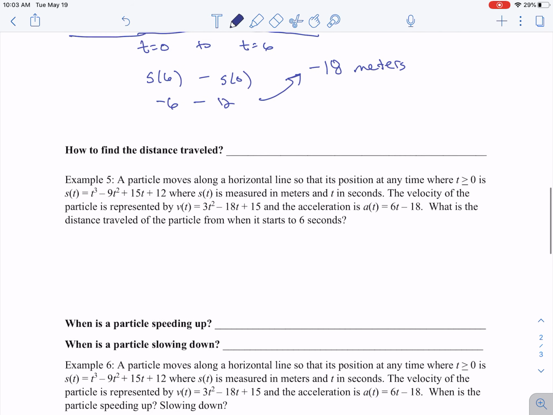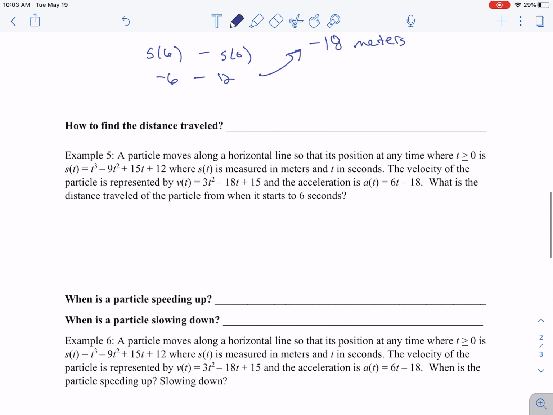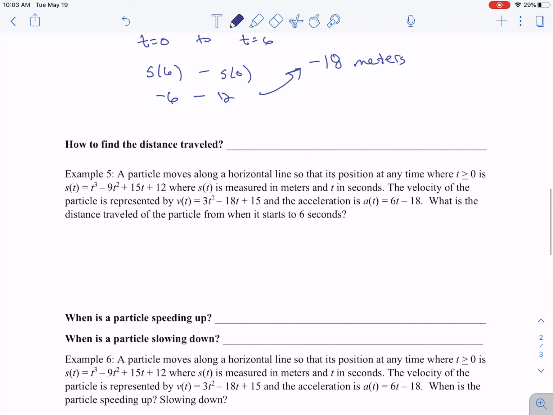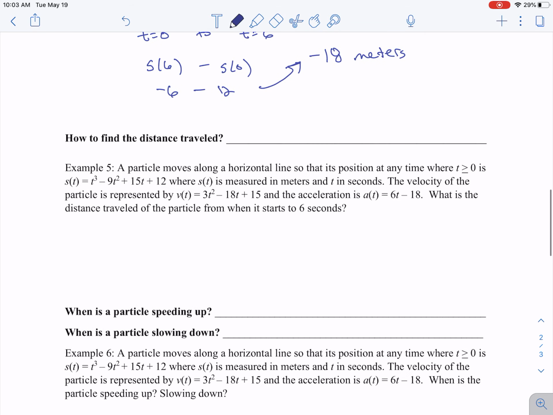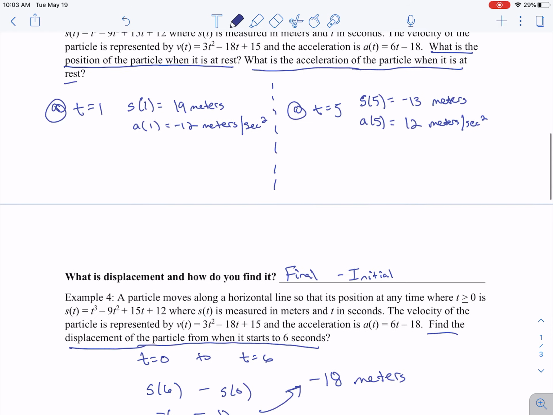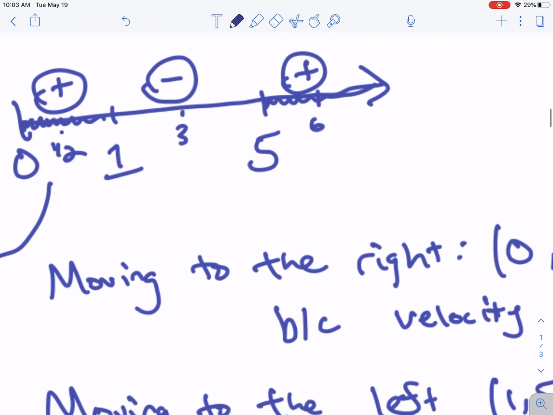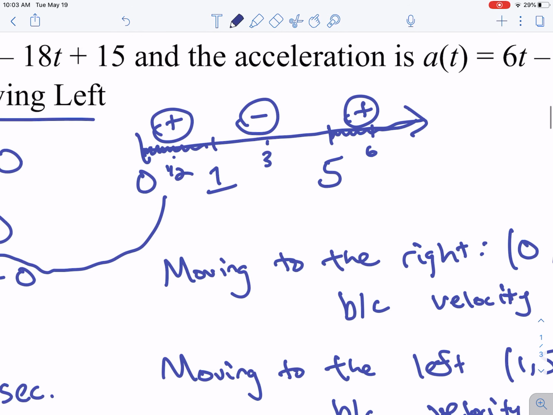Now, distance traveled. This is where it gets a little bit more complicated, even though it seems like something that would be pretty straightforward, just because we're more familiar with how much distance you traveled. Distance traveled is not displacement, so let's take a quick look at the path of this particle on this number chart right here. At 0, we're going in a positive direction.